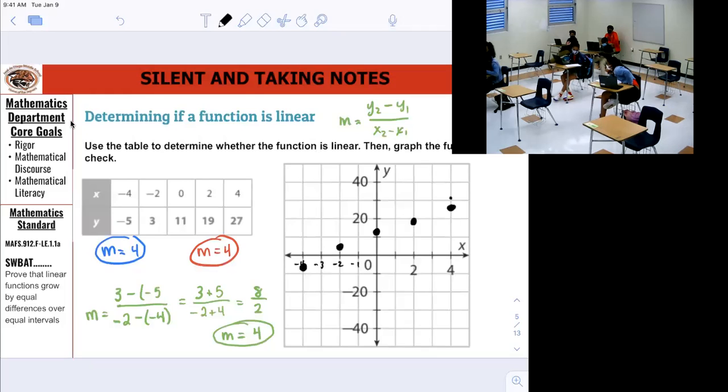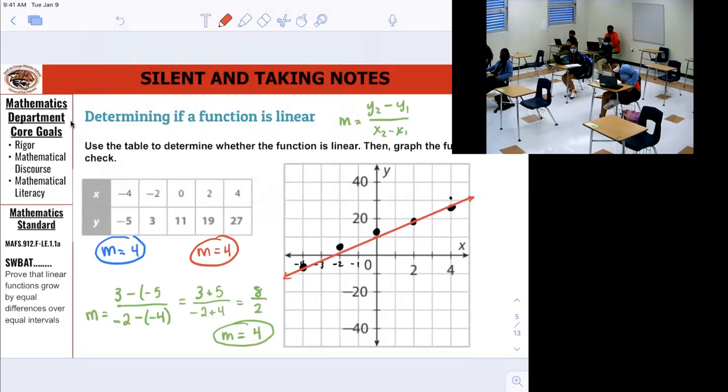It's not perfect, but it's good enough because this graph was a little bit hard to work with. If I had drawn it a little bit better, it would have made a slightly better line, but you can tell that it is going in a linear pattern. It is creating a straight line for the most part. I know I didn't do it perfectly, but that's okay.